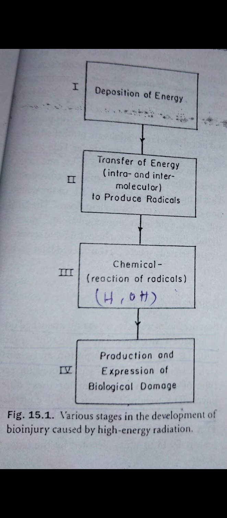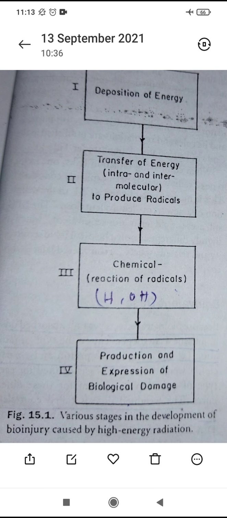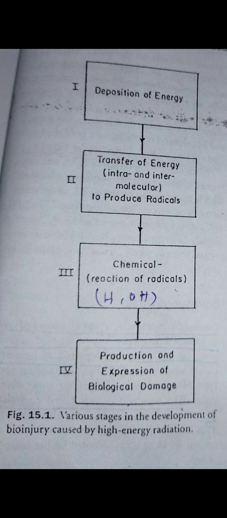The final step is the expression of these biological alterations produced in the third step. The fate of these altered biomolecules depends on the type and the function of the altered molecules, and also on their repair capacity, that is, how well they can repair in irradiated biological systems.